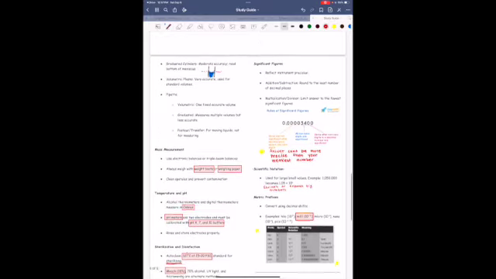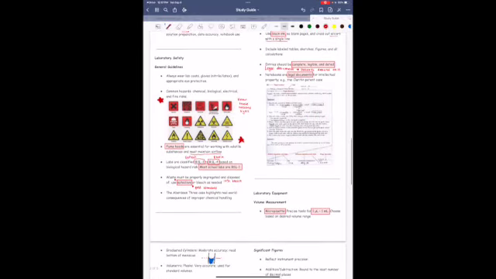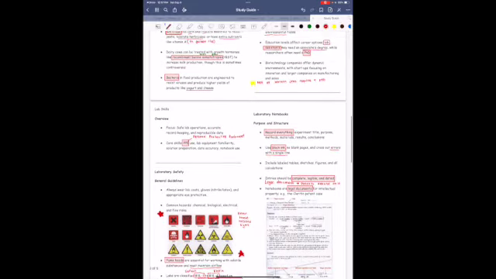I will make another video for the math so we can be really comfortable with the math as we go through. Definitely know the hazards, know the picture of the microscope. I think those are going to be some easy points you can pick up.